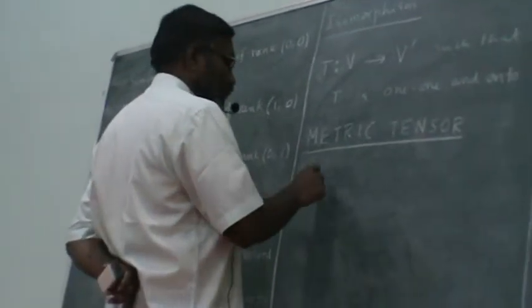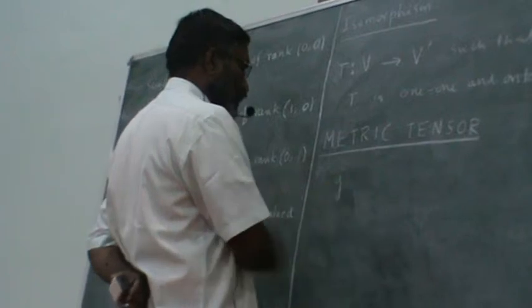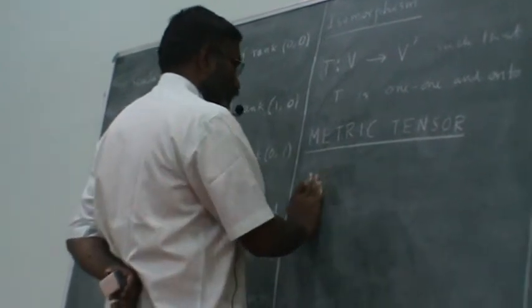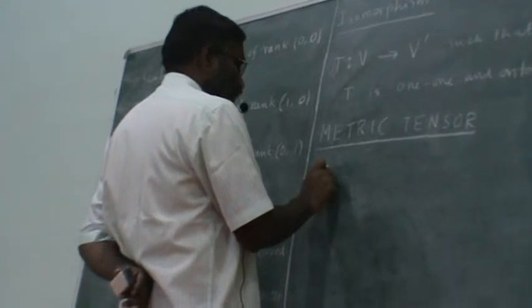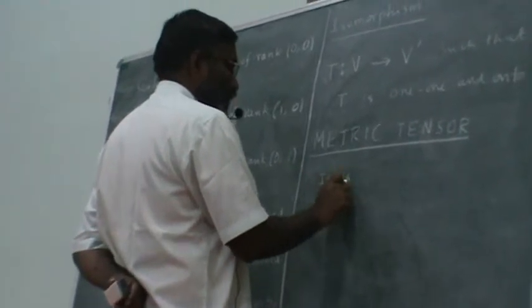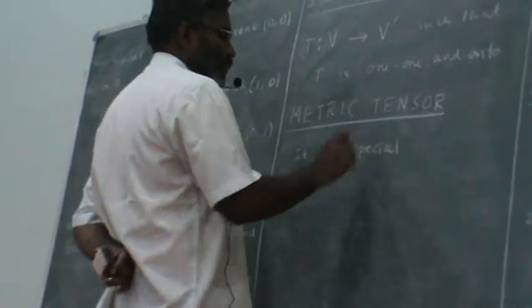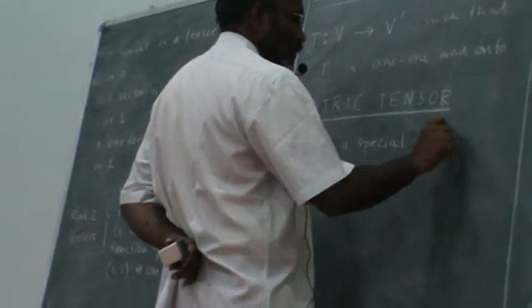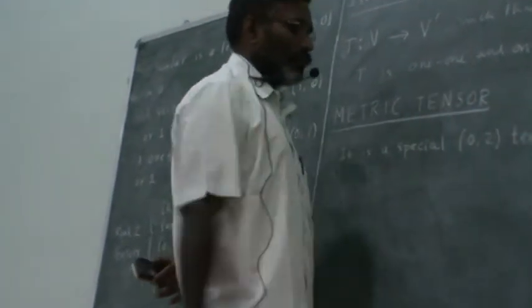Metric tensor is defined as, we define it as G. So it's a special tensor of rank (0, 2).